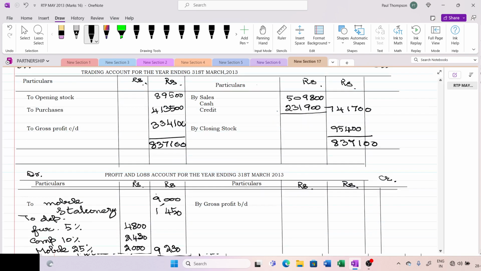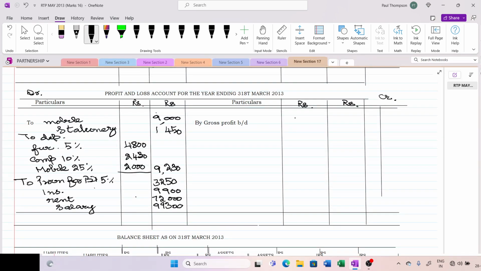I think so. Okay, now bringing that 334,100, adding all these things, we will just check that. Items 9,000 plus 1,450 plus 9,230 plus 3,250 plus 9,900 plus 72,000 plus 99,300, 204,130.